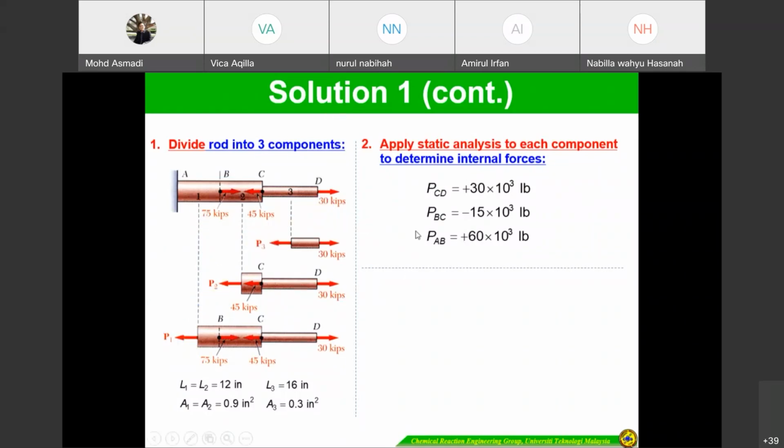Once you determine these, if you look here, this one is 30 kips, but this one is negative 15, meaning it is in the opposite direction to the assumed direction of P2. And this one is correct.